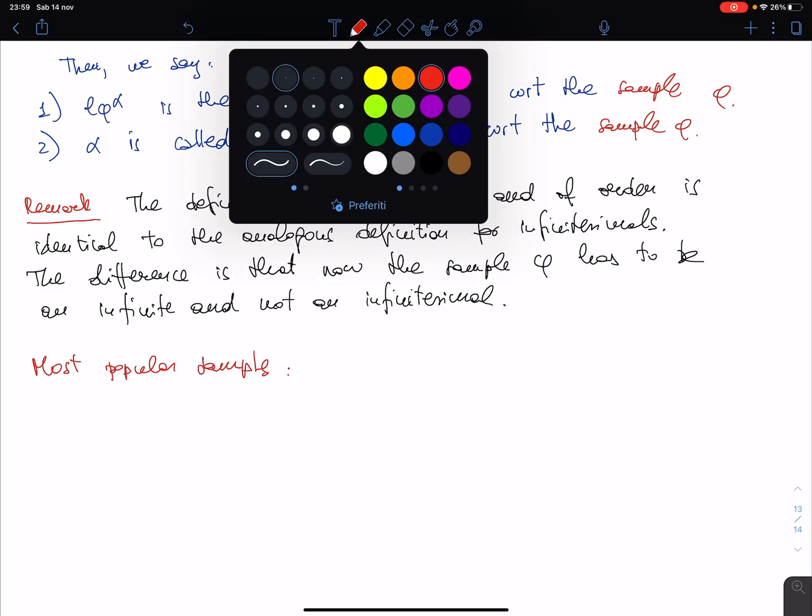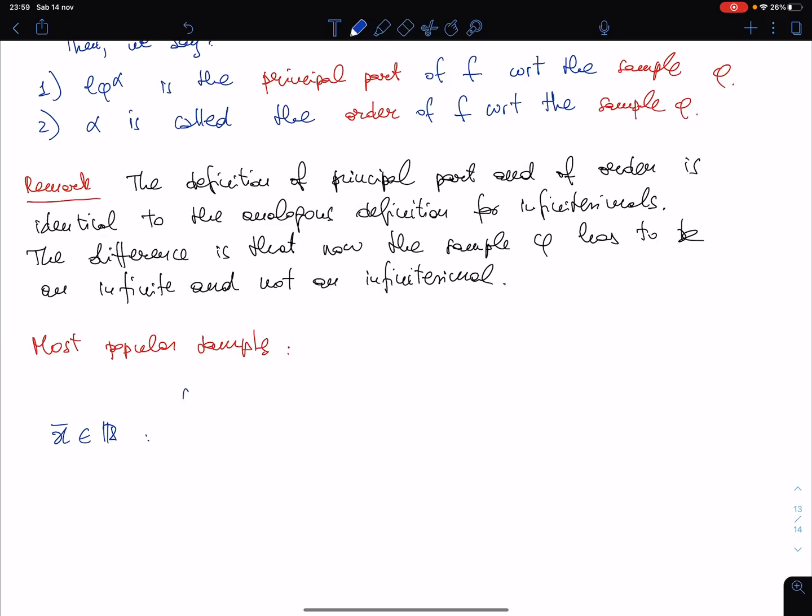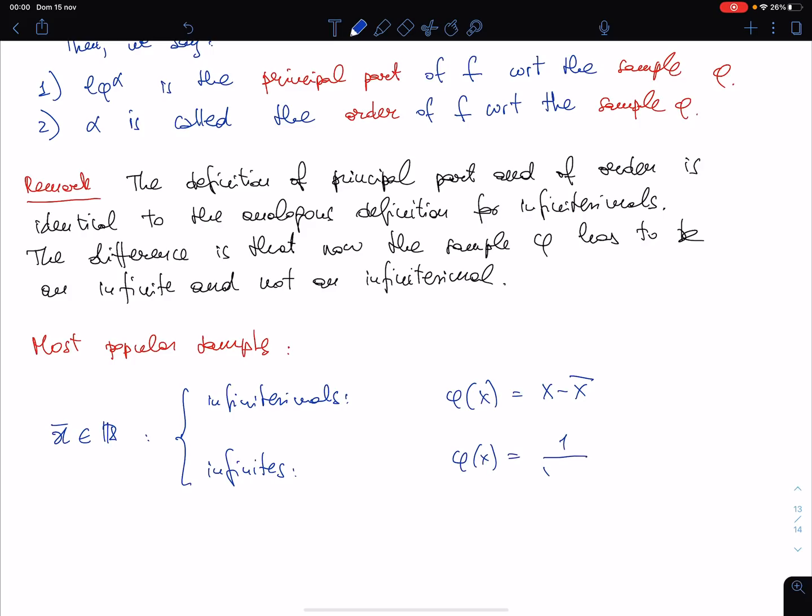If x bar is a real number, then again, as before, for infinitesimals, phi of x is equal to x minus x bar, and for infinites, phi of x is 1 over x minus x bar.